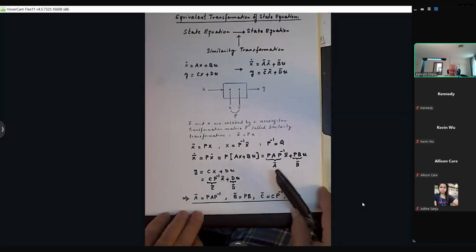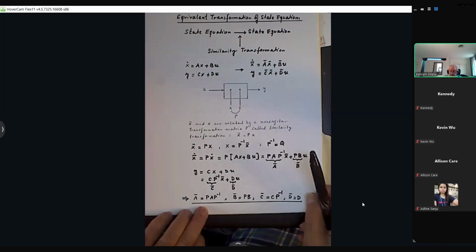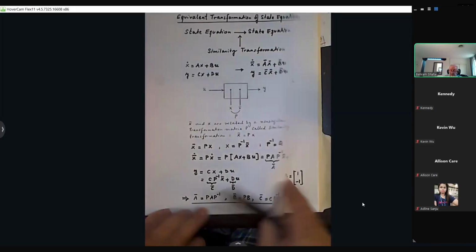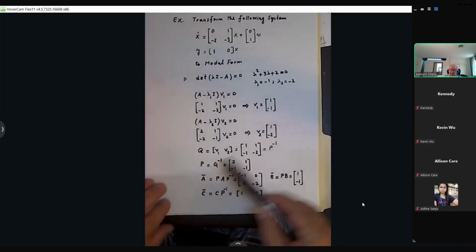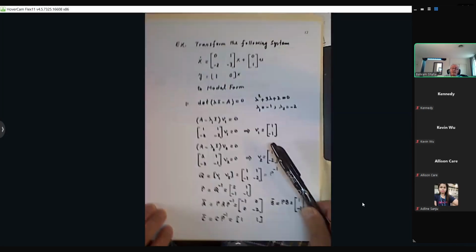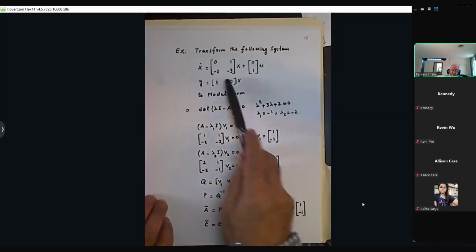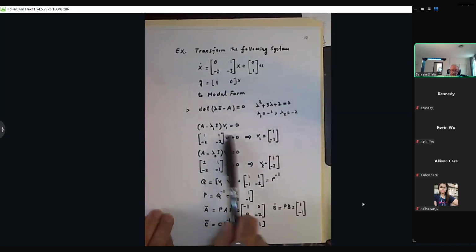The only one that basically is qualified to talk about at this point is when you transform the system to modal form. In that case, you know that the Q matrix, which is P inverse, is going to be the eigenvectors. So here I showed you that this equation of transformation can be applied to this system up there, which can transfer this one to the modal form. So you find the eigenvalues and eigenvectors.